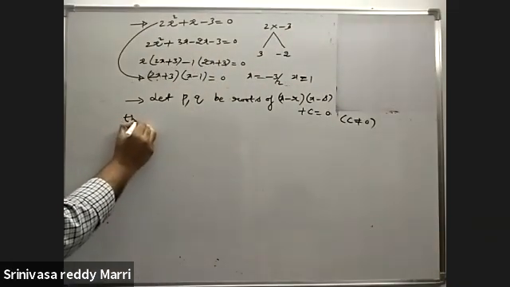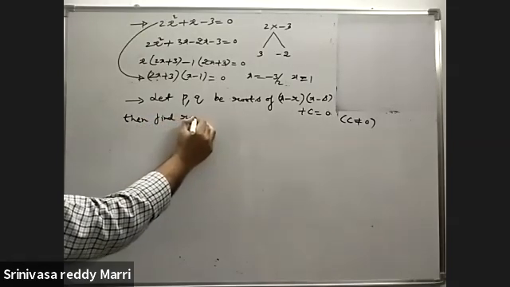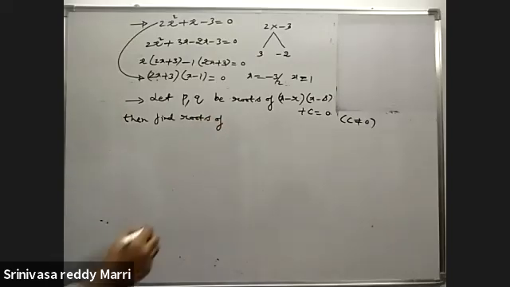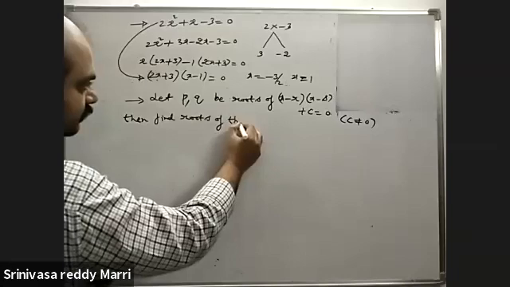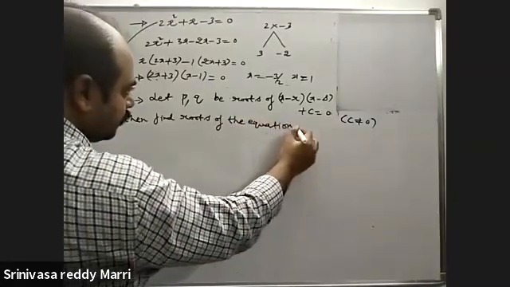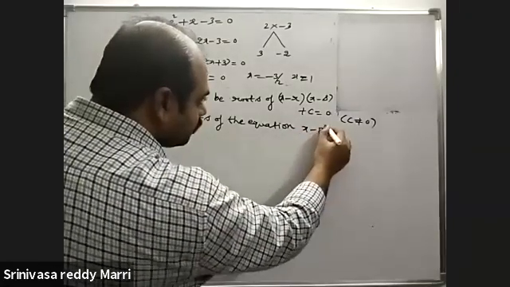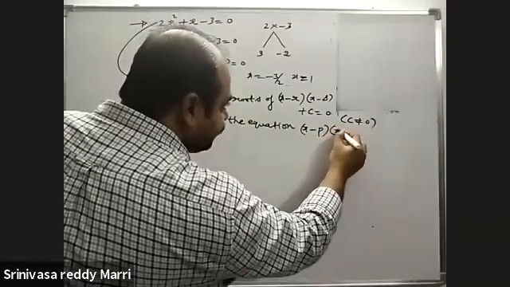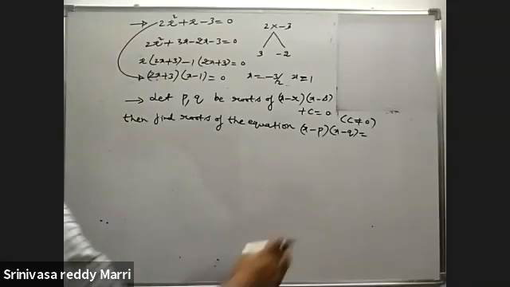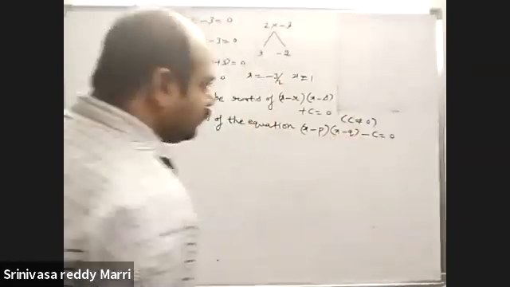Then find the roots of the equation x minus p into x minus q minus c equal to 0. Look at the question.